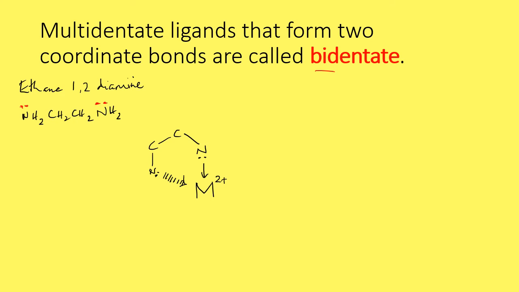So we're going to have a nitrogen with a lone pair in the plane of the slide. So we've got a coordinate bond there, and then we've got a molecule coming out towards us.